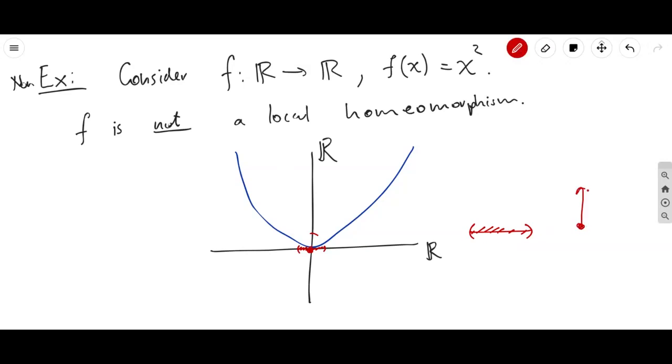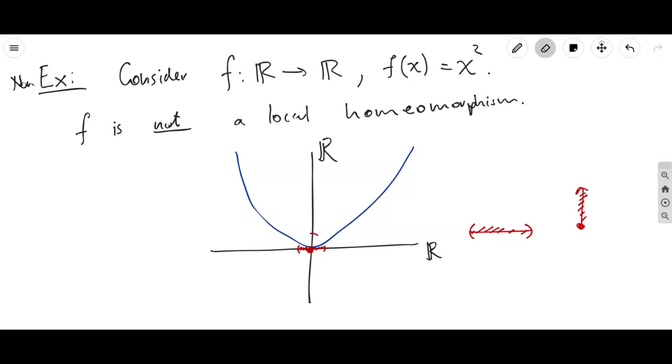You get 0, and it goes upright like this. The positive piece and the negative piece get glued together, so the function is not a bijection. So it's not even locally a bijection at 0. So this is an example of something that's not a local homeomorphism. The other points in R do not pose a problem. The problem occurs at the origin. That's where things go wrong.